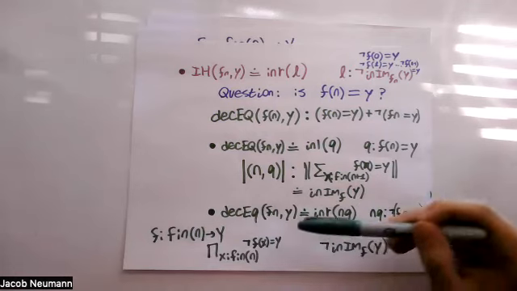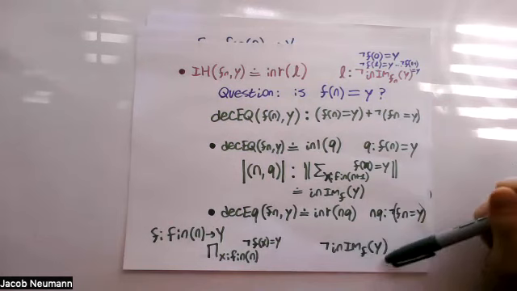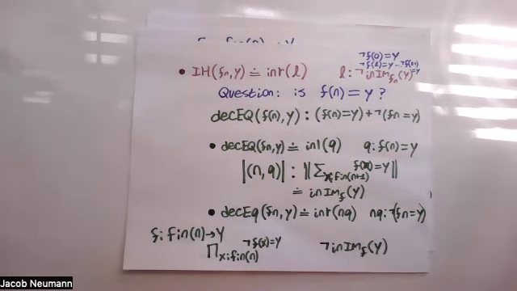That's what this says. And so from there you can construct a contradiction from the image of f at y.